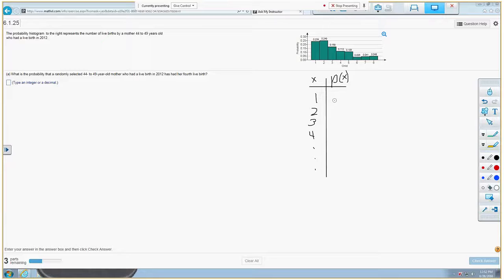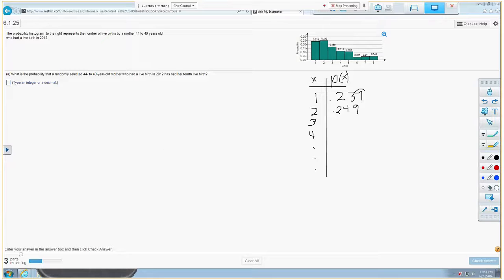Then over here you had your probability of 0.239, and then you had your probability of 0.249 and so on. So the only difference in this question and the one that we did Thursday is that this is in a histogram form versus a table form. So you can make a table or you can get your information from here.